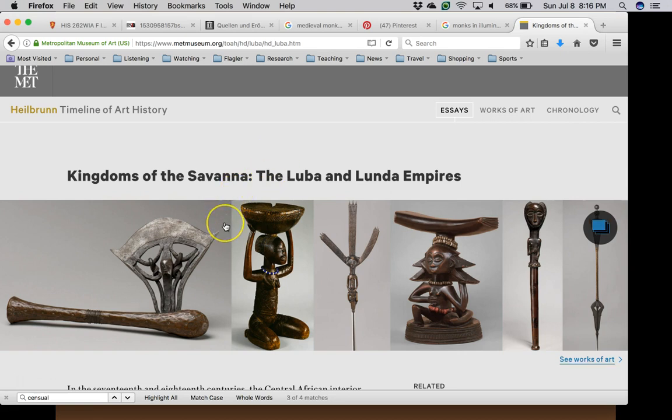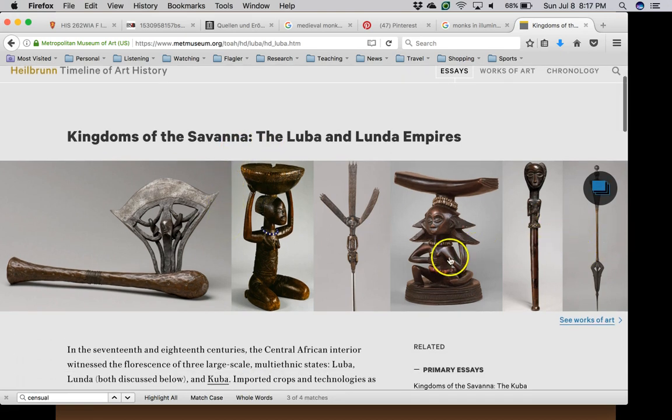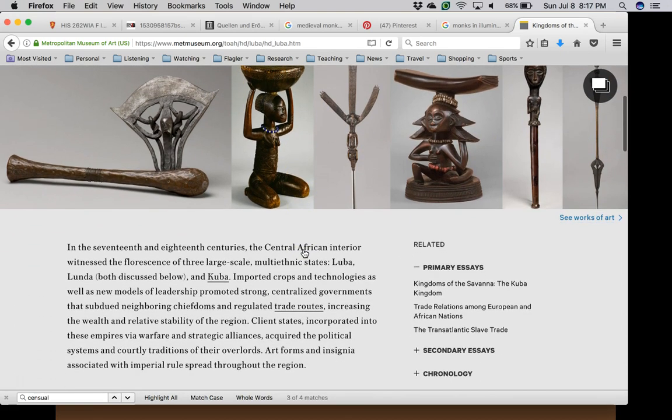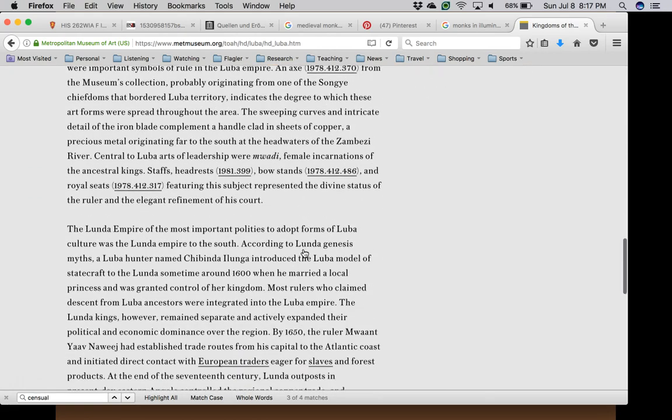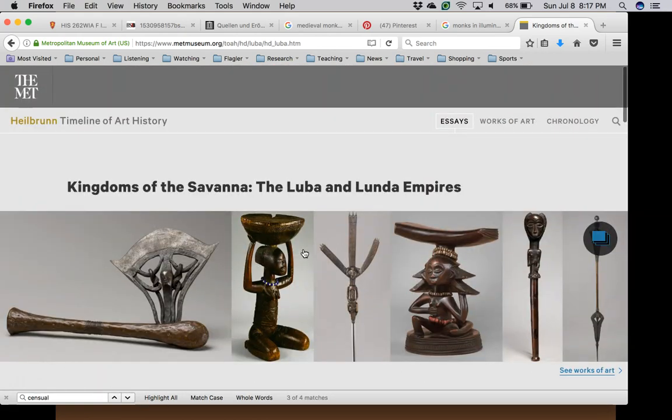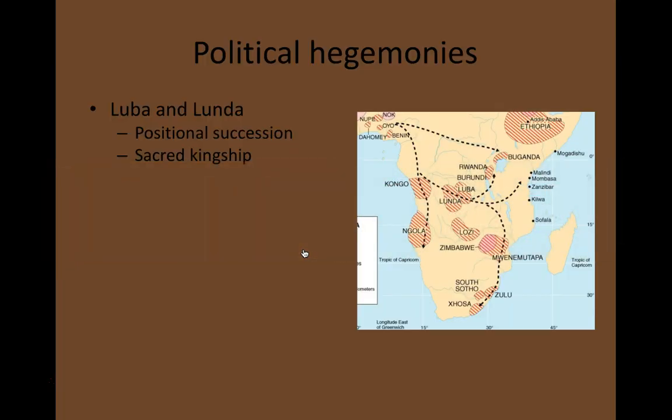Luba and Lunda, some of their artwork, for instance, this is really interesting stuff, and then some information about them as well. So, this is one of those areas where I might encourage you to look into this a little deeper. But the political system in Luba and Lunda is really kind of fascinating.